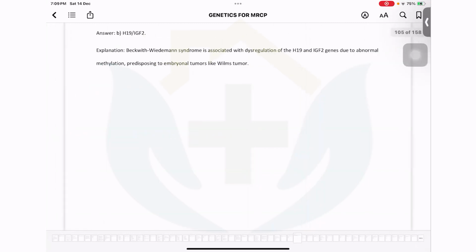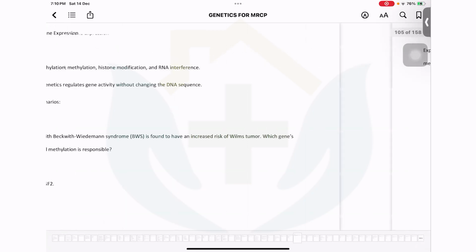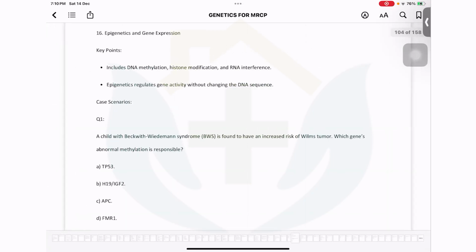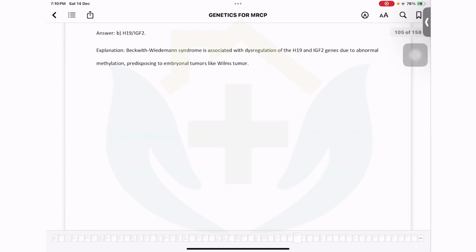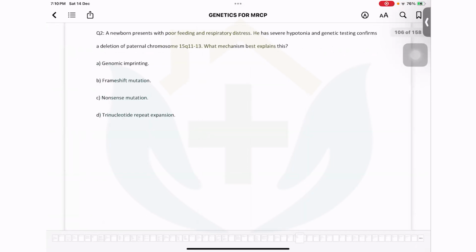IGF2 is the gene involved in the abnormal methylation leading to embryonal tumors like Wilms tumor. The point is not that you remember this, although most of you will remember that P53 is associated with multiple cancers, APC is with colon, FMR gene is something else. The insulin-like growth factor gene is usually involved in Wilms tumor, associated with dysregulation of the methylation.